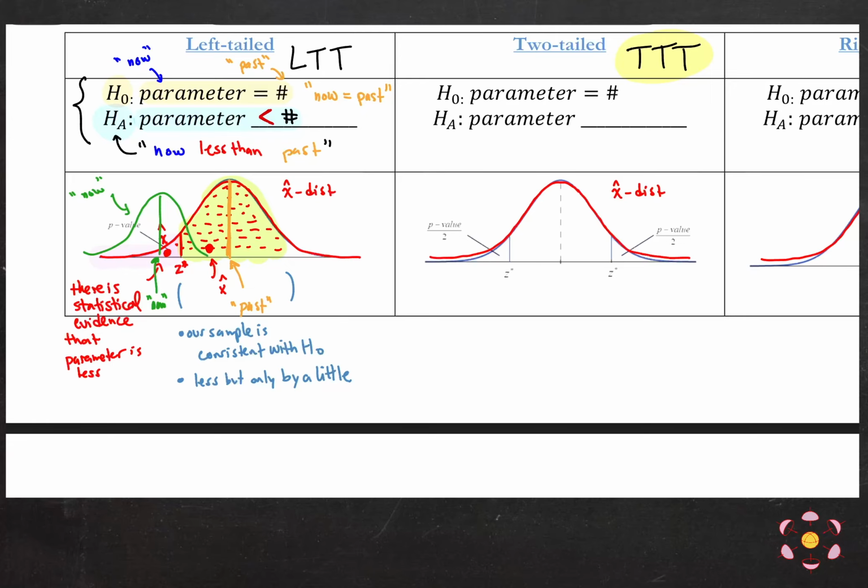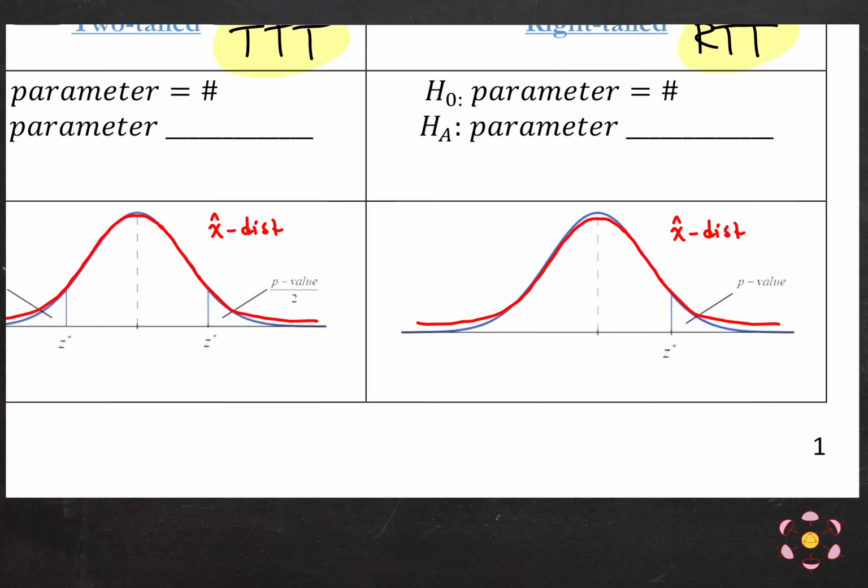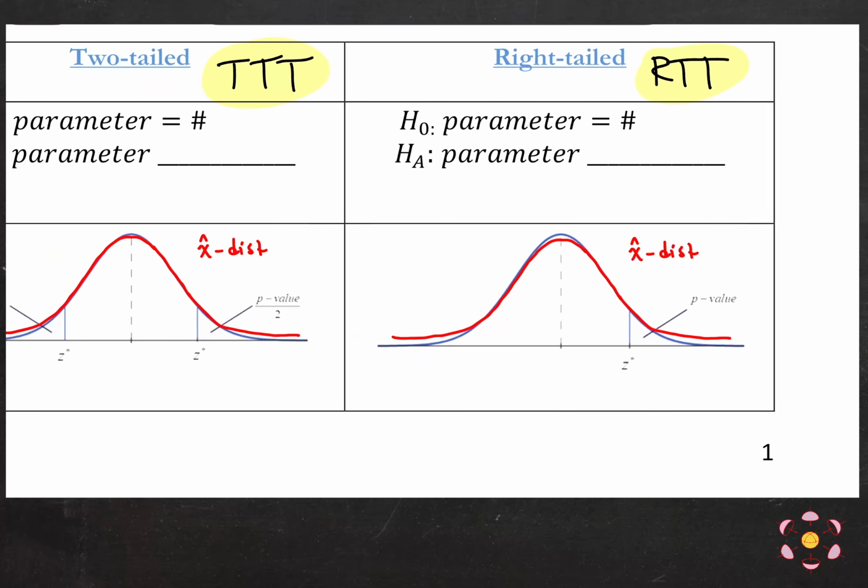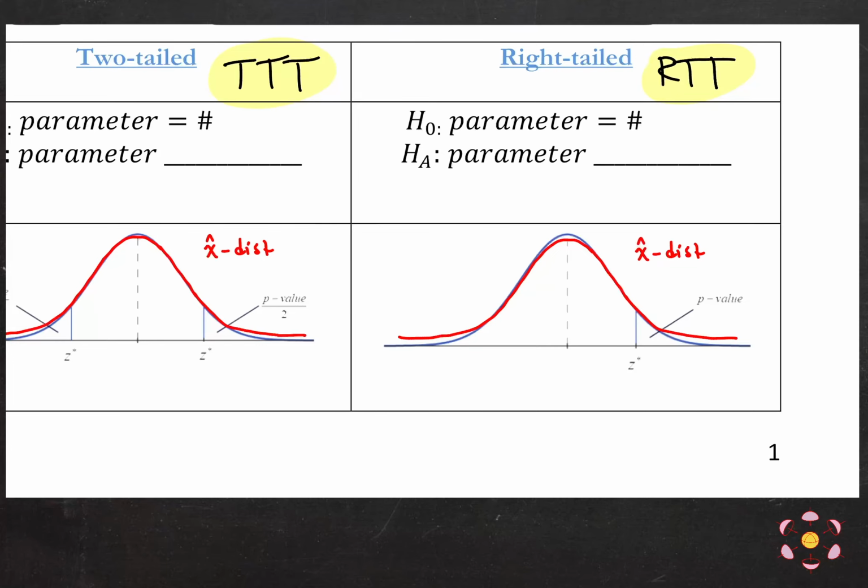Let's go through that same logic, and maybe I'll go a little quicker this time. From a right tail test perspective, let me hide all the other stuff, and let's start from the beginning. A hypothesis test. We start with a null hypothesis where we say the parameter now, that's this left side, we start off assuming that the parameter now is the same as the past.